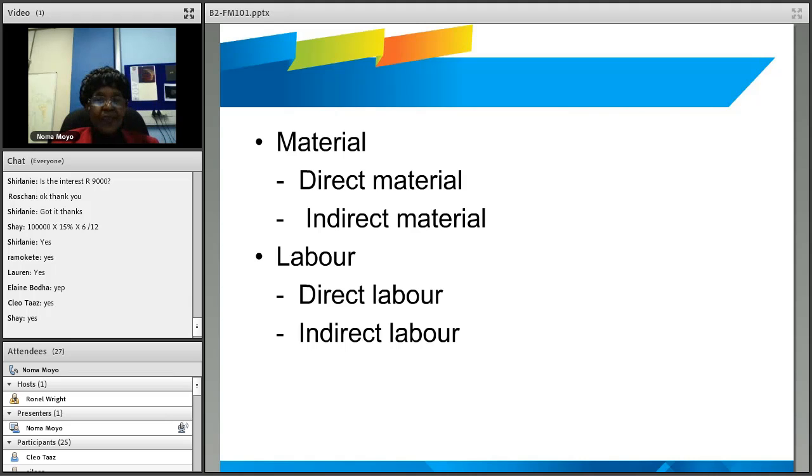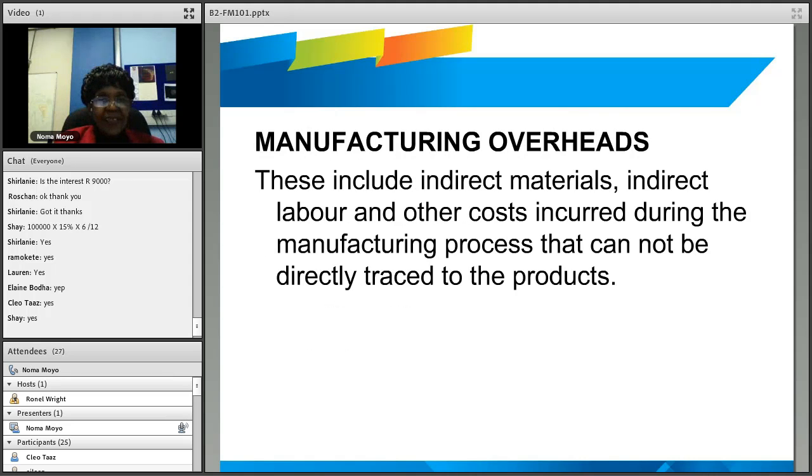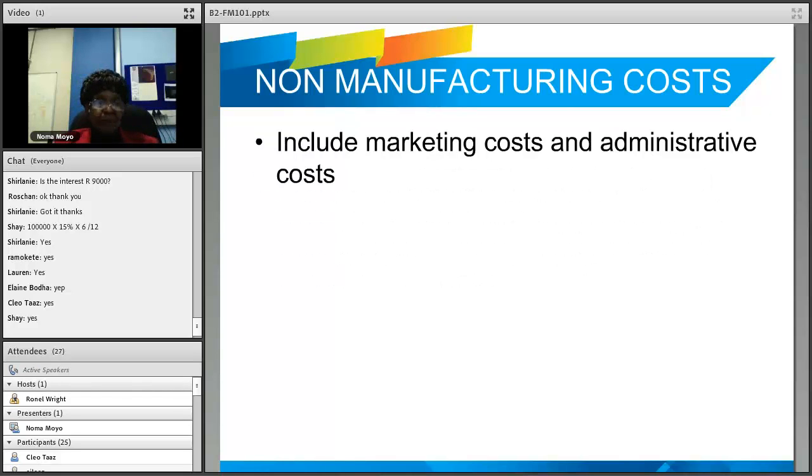They can't be traced. Material, there's direct material and indirect material. Labor, direct labor and indirect labor. Manufacturing overheads, excuse me. Manufacturing overheads. These include all indirect material, indirect labor, and other costs incurred during the manufacturing process that cannot be directly traced to the products.